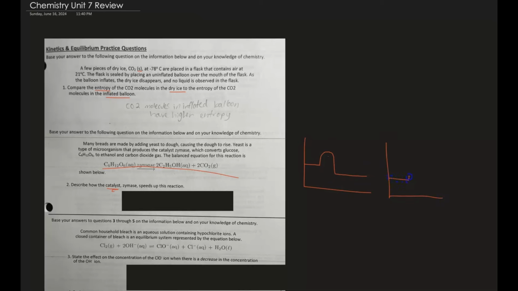Go like this, boom, and then comes back down. And so a catalyst at the end of the day is just what dictates this thing right here. That would be lowered, and so ultimately it would be speeding up the reaction. So it decreases that activation energy.